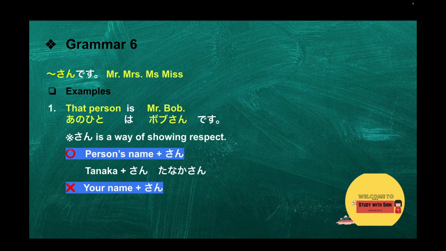That is very weird because you're now showing respect to yourself. Having respect for oneself is a very good thing. But in Japanese, it's very weird to put san after your own name. So you cannot say your name plus san. That's not good, okay?